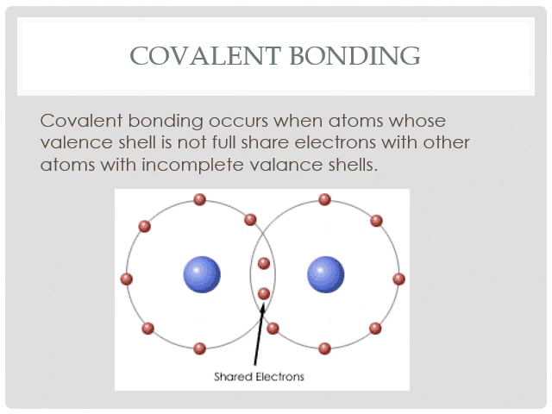Everybody else, they want 8. So far, so good? So here we've got 2 molecules bound together. One has 7 electrons in its valence shell. The other has 7 electrons in its valence shell. How many do each need to finish? They need 8, so they need one more. So they can share a single pair.